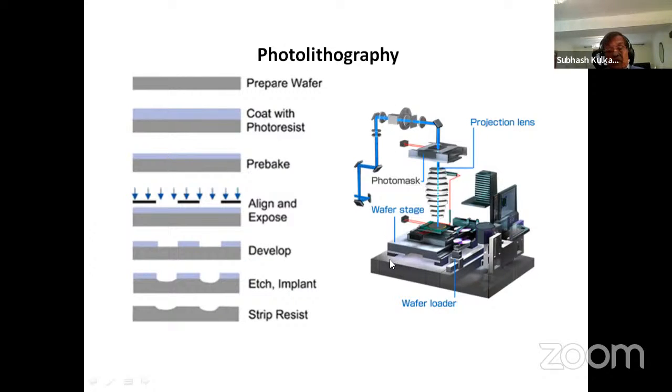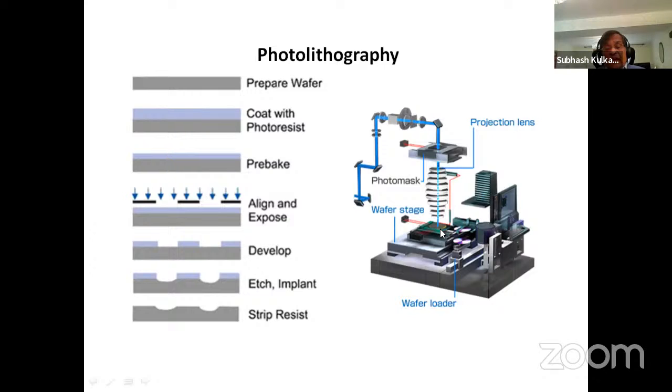On the machine here, which does the alignment and exposure, basically you have a source of light, which comes through a bunch of mirrors and optics into an XY stage where the mask is loaded. Through the mask, light comes out wherever there are holes, and it goes through a bunch of optical lenses to focus it onto your wafer.